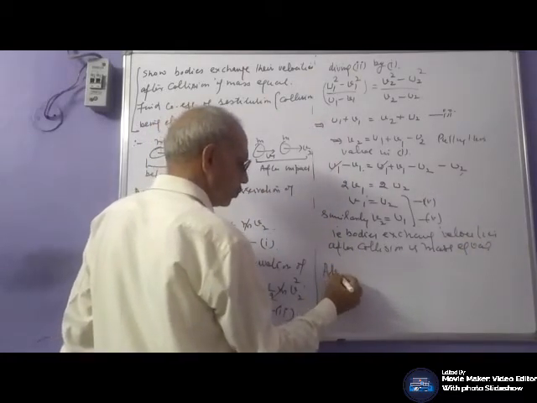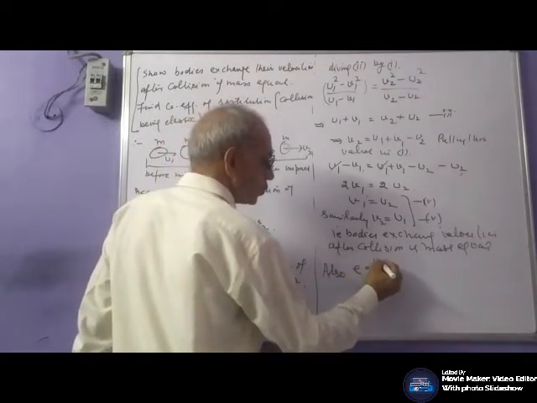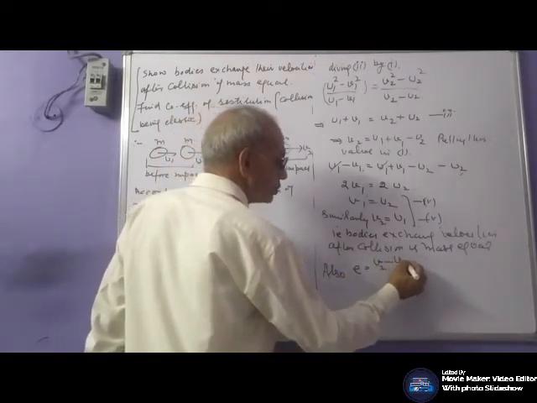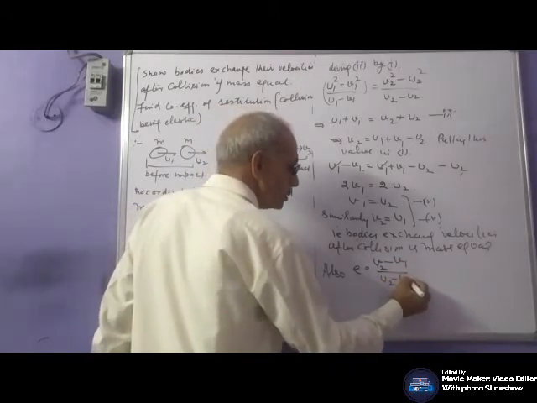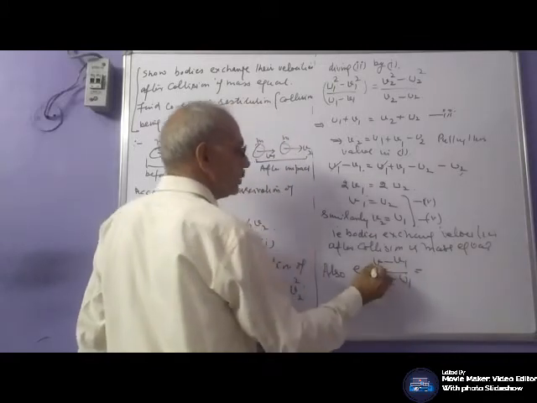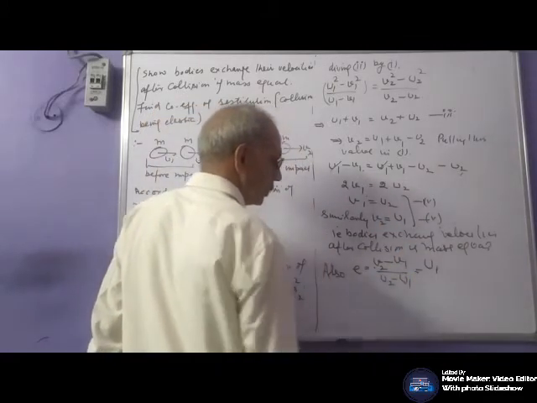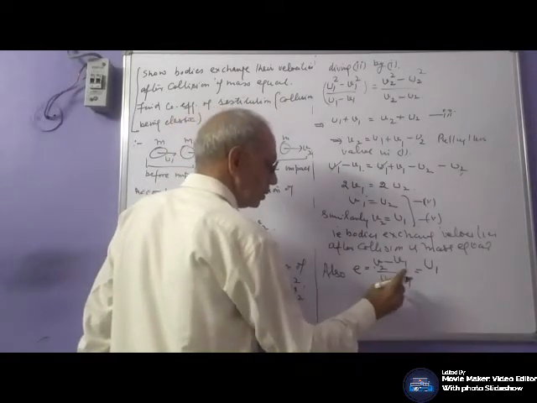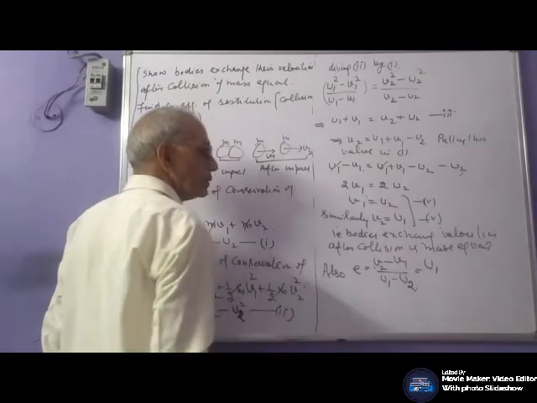Also, E equals V2 minus V1 over U1 minus U2.